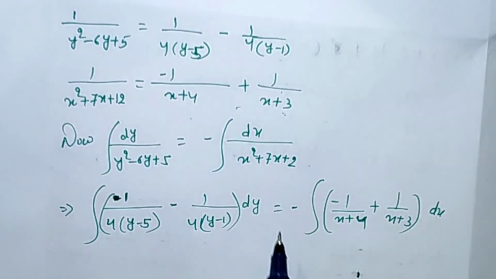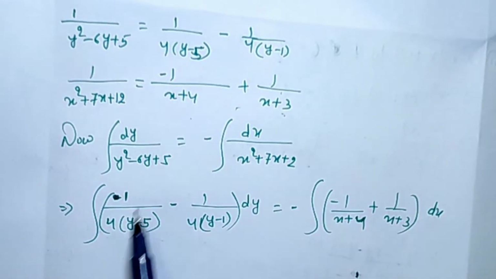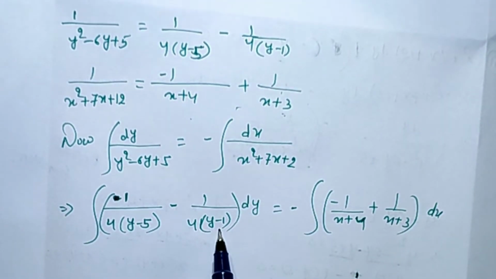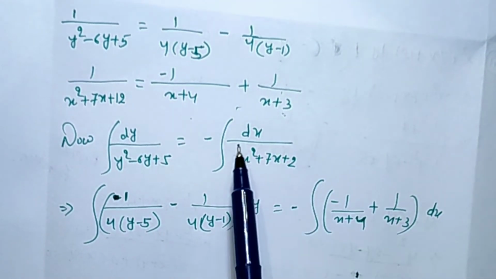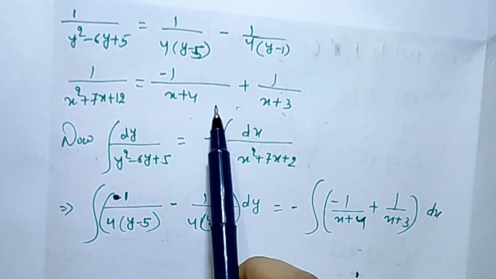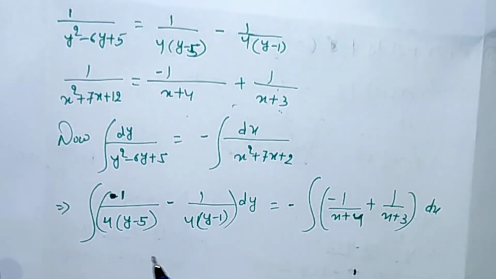So I can write here, in place of 1 by y square minus 6y plus 5, 1 by 4 into y minus 5 minus 1 by 4 into y minus 1. And here minus of, in place of 1 by x square plus 7x plus 12, minus 1 by x plus 4 plus 1 by x plus 3. So I can easily find the integration.